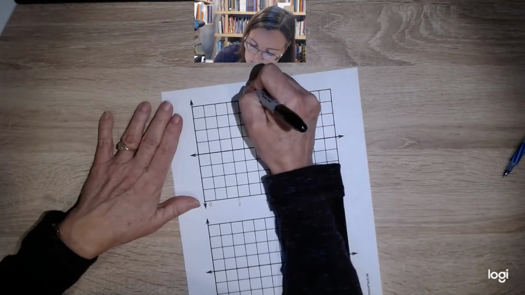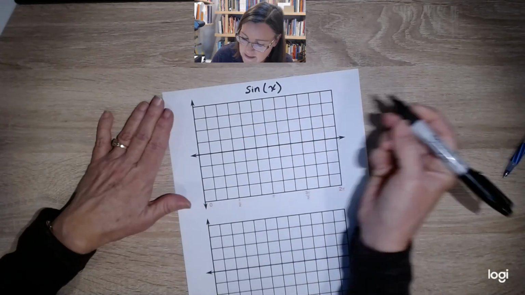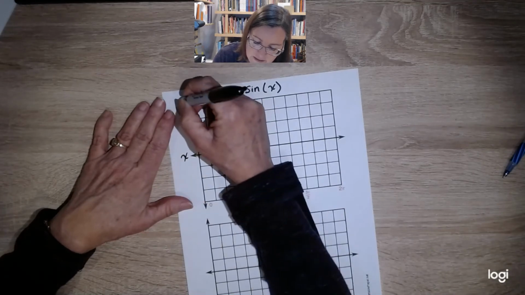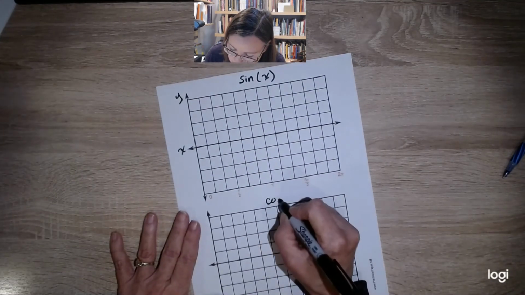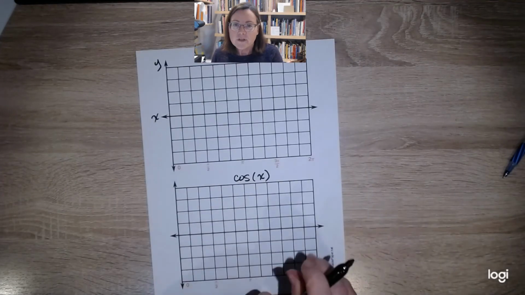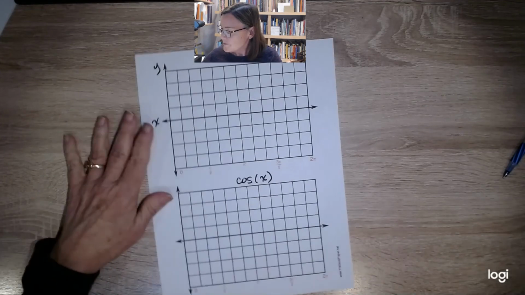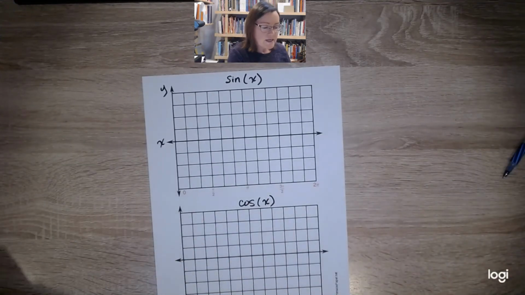So I'm going to say that this is my sine of x, and again, this is x, this is y. This one will be my cosine of x. So we're going to do sine first. And what we're going to do is use the graph that you just created as a reference.